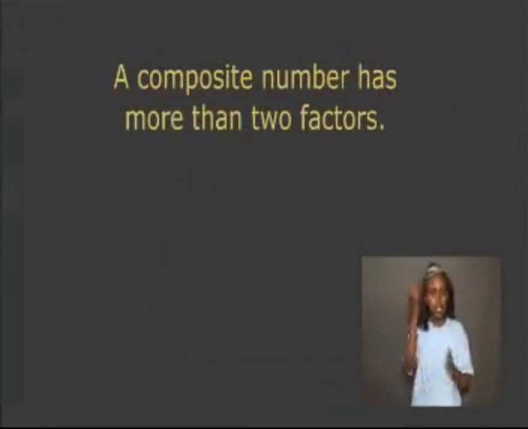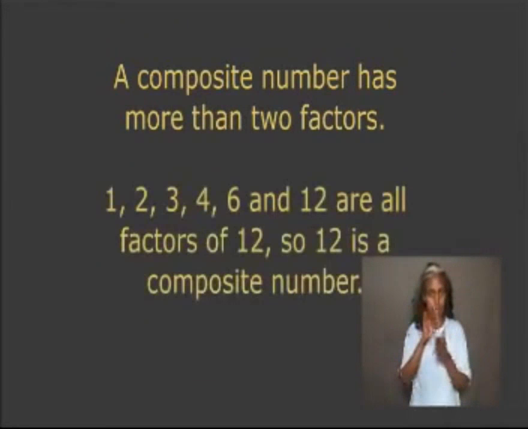A natural number that has more than 2 factors is called a composite number. For example, 1, 2, 3, 4, 6, and 12 are all factors of 12. So 12 is a composite number.